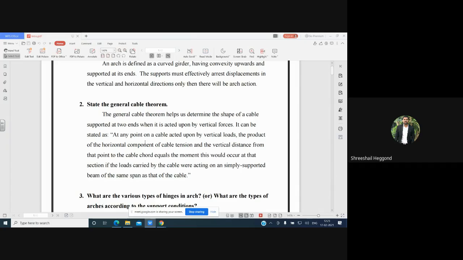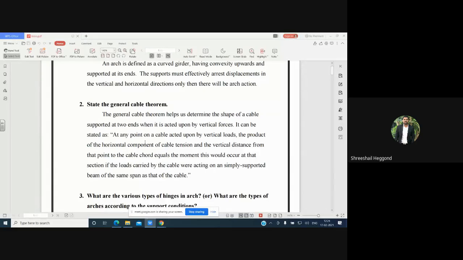It can be stated as: at any point on the cable acted upon by vertical loads, the product of the horizontal component of cable tension and the vertical distance from the point to the cable's chord equals the moment. This would occur at that section if the loads carried by the cable were acting on a simply supported beam of the same span as the cable.